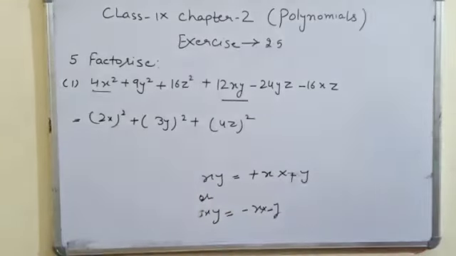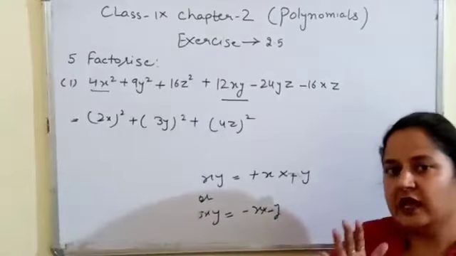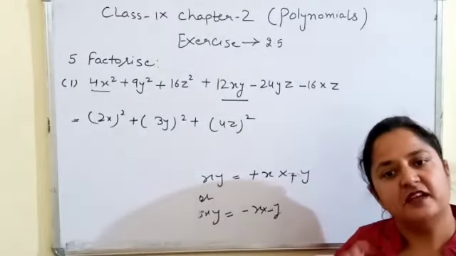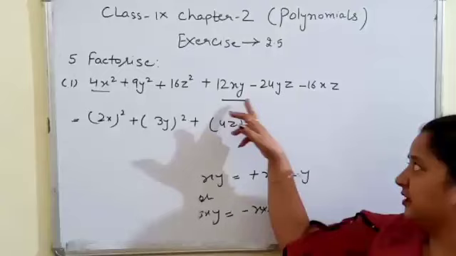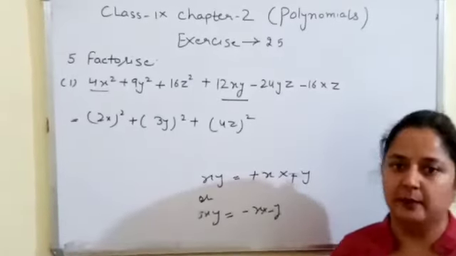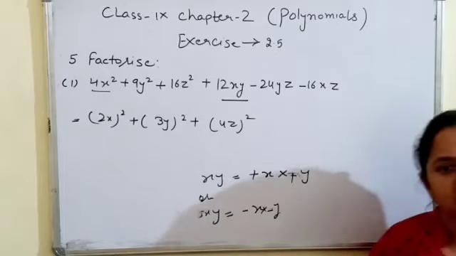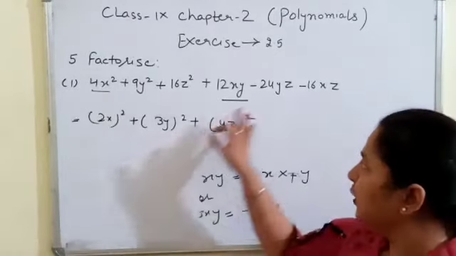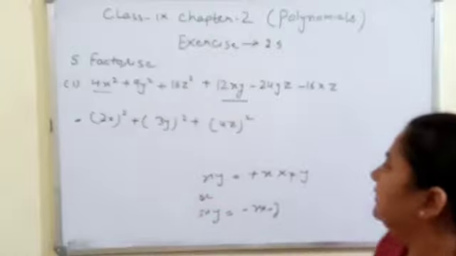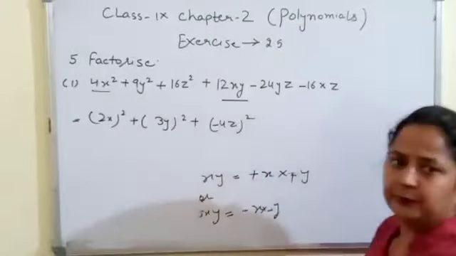If their product is positive, two cases arise: either x and y are both positive, or both are negative. So let's take both of them positive, and minus for the z.